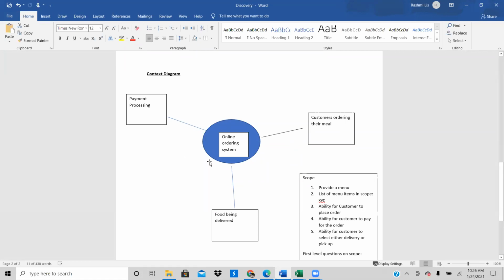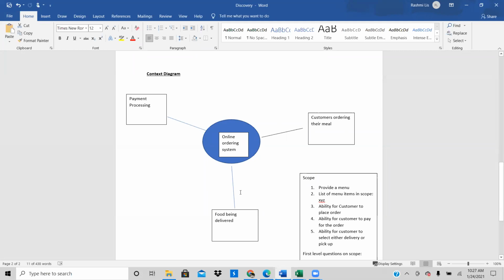In this case, even though he says he wants to go online, it's really an online ordering system. Your entities are things like payment processing, which is one of the features or entities that will be part of this online ordering system.